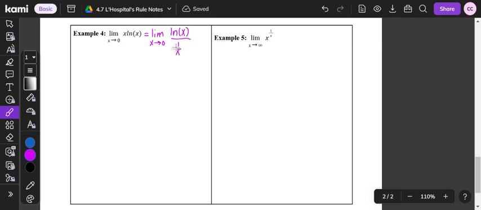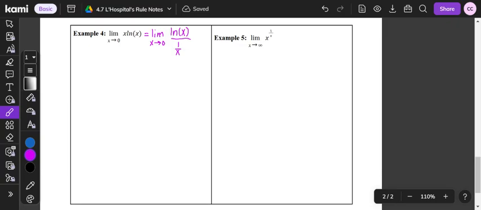So if you were to flip this 1 over x over, you would get x over 1, or just x. And then you'd multiply that back up top, and you'd end up right back here. So these two are exactly the same. Even though this looks weird, they're the same.